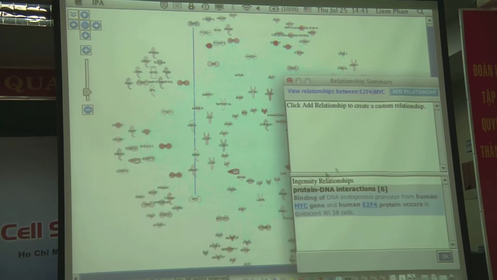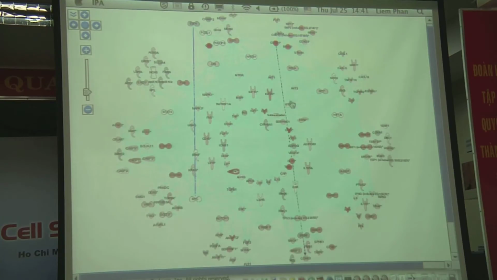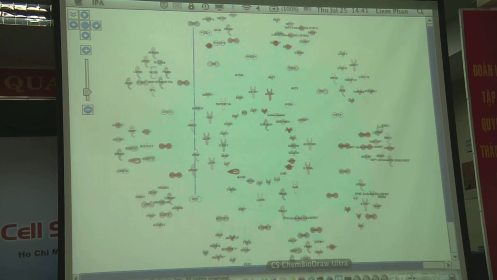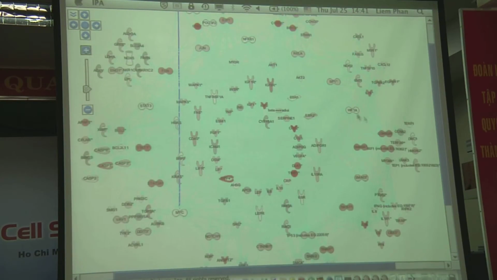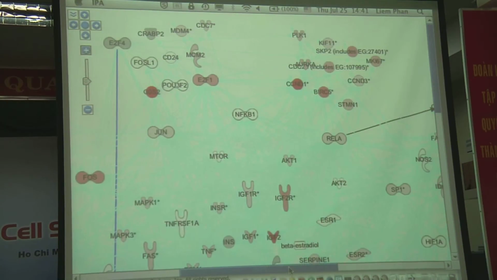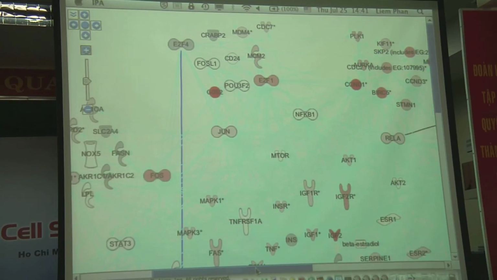So all of the other genes? Oh, okay. So in this case, we already used the tool Path Explorer. So all of the potential connections have already been connected here. For example, Path Explorer connects pretty much the same.